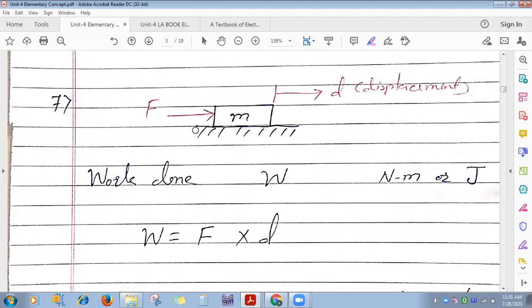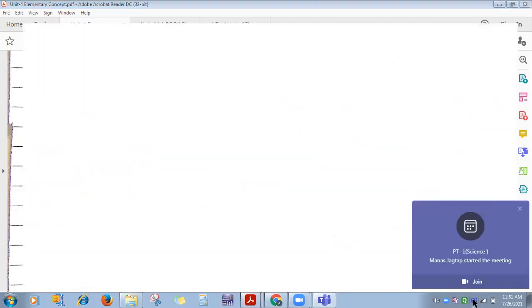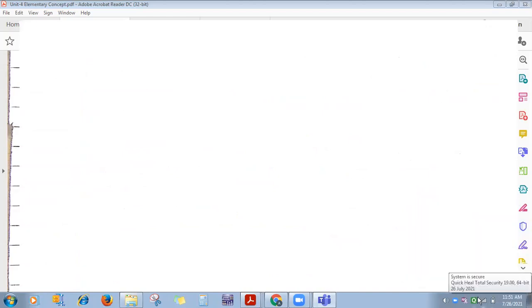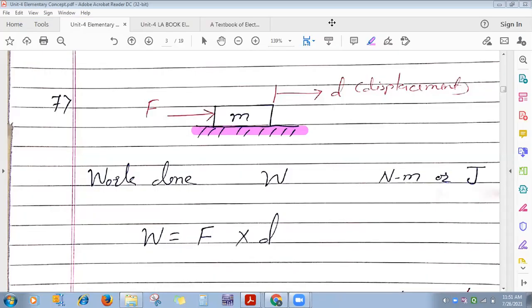Here also, whenever a body with mass m is resting on the ground, if you apply some force to it, then there will be some displacement.